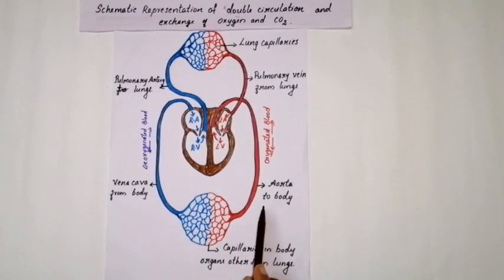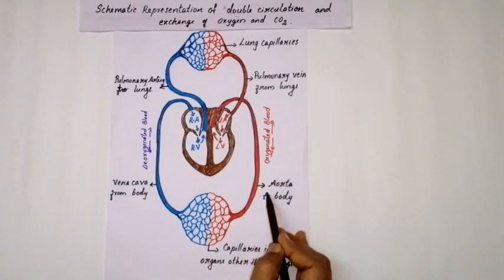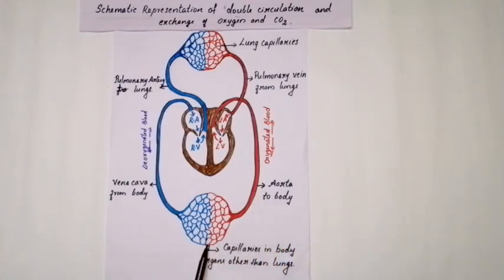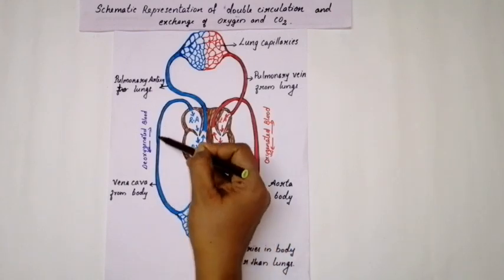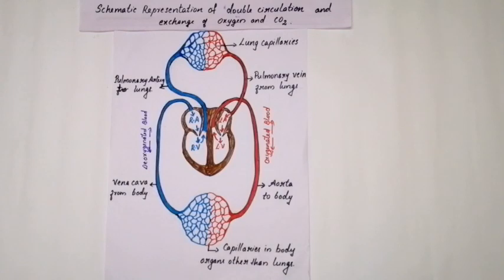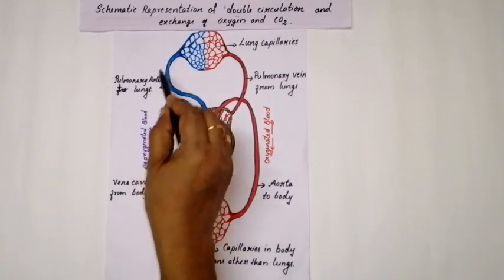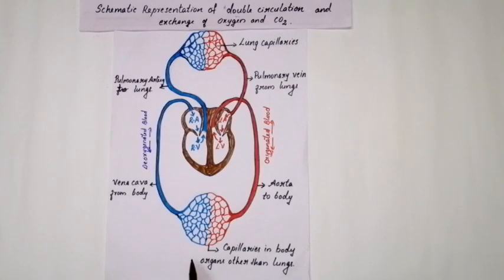The aorta is the main blood vessel, the main artery, and this aorta carries the oxygenated blood and it will reach each organ through the capillaries in body organs other than lungs. In the cells there are small capillaries, and this deoxygenated blood is collected by these capillaries, and again the vena cava collects the deoxygenated blood from different parts of the body and carries it to the right auricle. So one complete circulation occurs now, and this one circulation is known as the cardiac cycle.